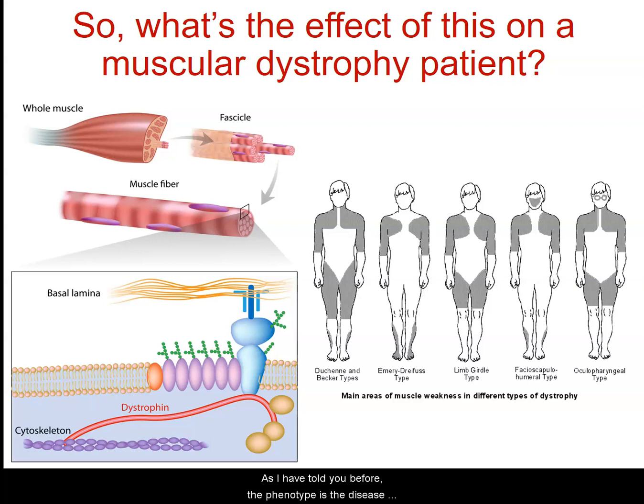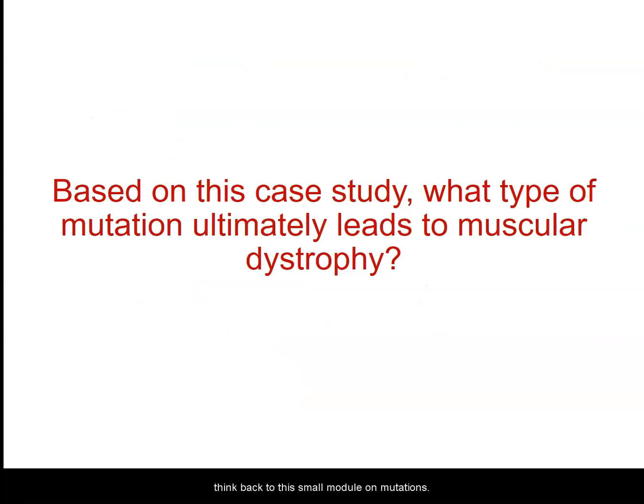So as I've told you before, the phenotype is the disease muscular dystrophy, which is an atrophy of muscle fibers, the incorrect formation of muscle fibers, or incorrect movement of muscles in a typical fashion. So think back to the three questions I asked, and also think back to this small module on mutations. What type of mutation ultimately leads to muscular dystrophy?